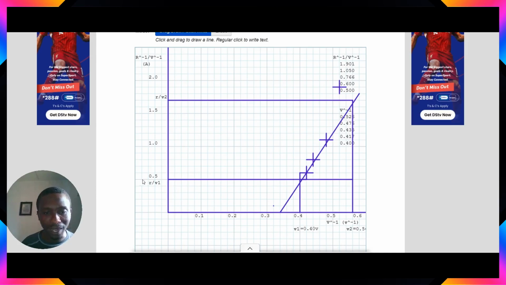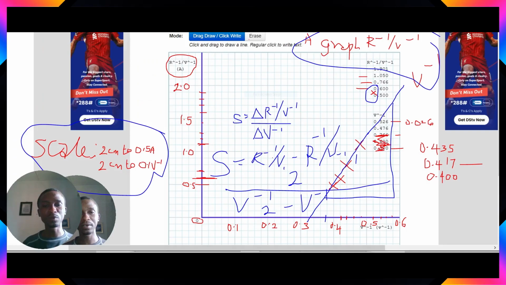And if you look at your ratio, R inverse 1 over V inverse 1, that is actually 0.5, obvious. Then the final of it, you can trace it. So this is 1.6, that's 1.7. So just substitute that into your formula, and you can quickly calculate your slope, and that's how to get the slope.